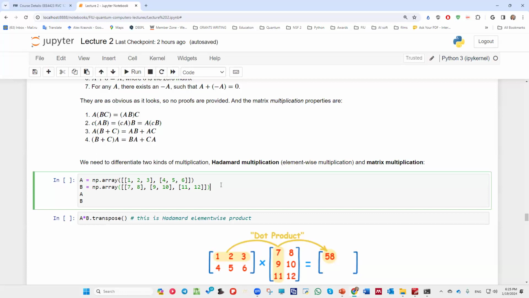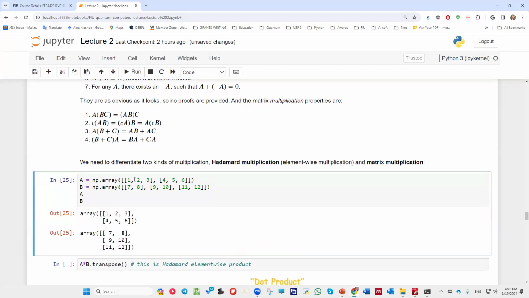To do so, I create two matrices, A and B. To keep things a little more general, I take these two matrices of different shape. So the matrix A gets 2 rows, 3 columns, and the matrix B gets 2 columns, 3 rows.